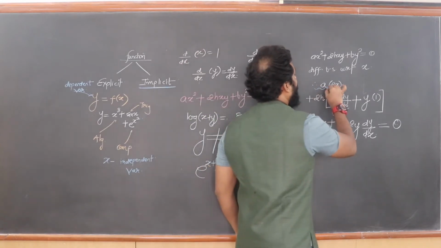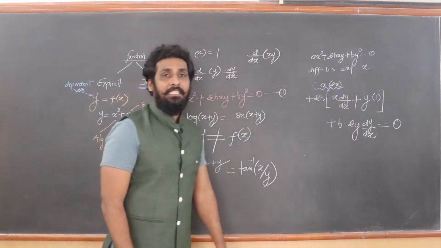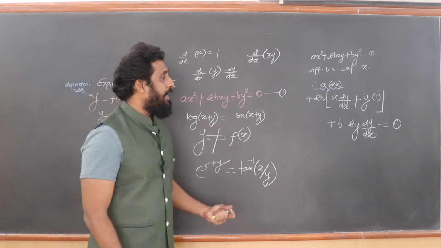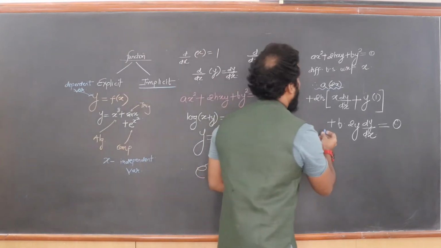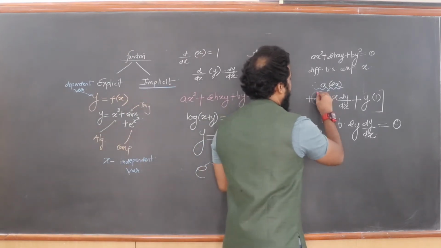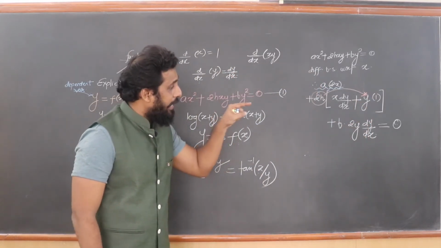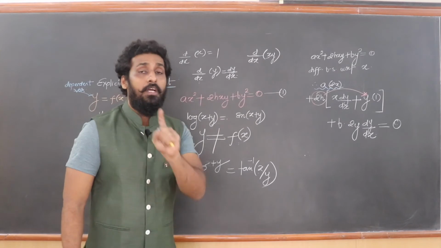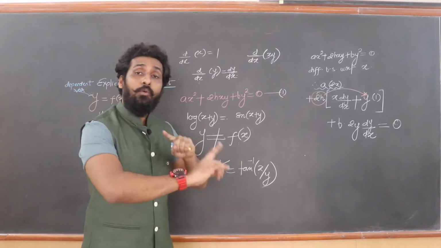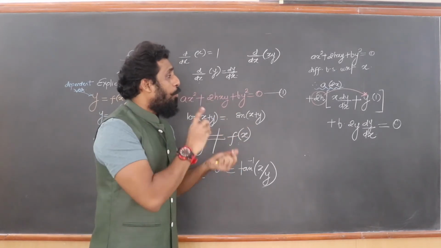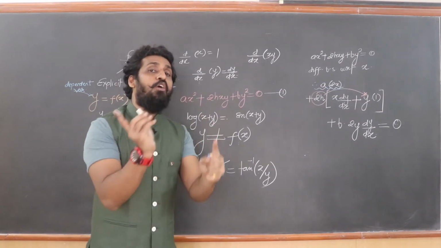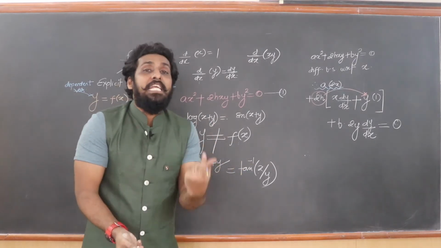So if you observe this 2ax, that does not have dy by dx. I'm going to send it on the other hand side. Similarly, when you take this 2h and multiply it inside the bracket, this term also will not have dy by dx. So these two terms I'm going to transfer on the other hand side. Both of them are positive terms. When they go on the right hand side, they will become negative. They will change their signs.